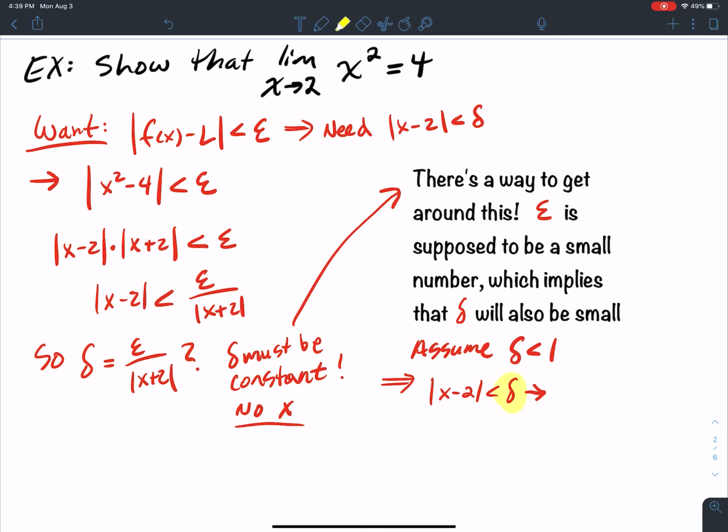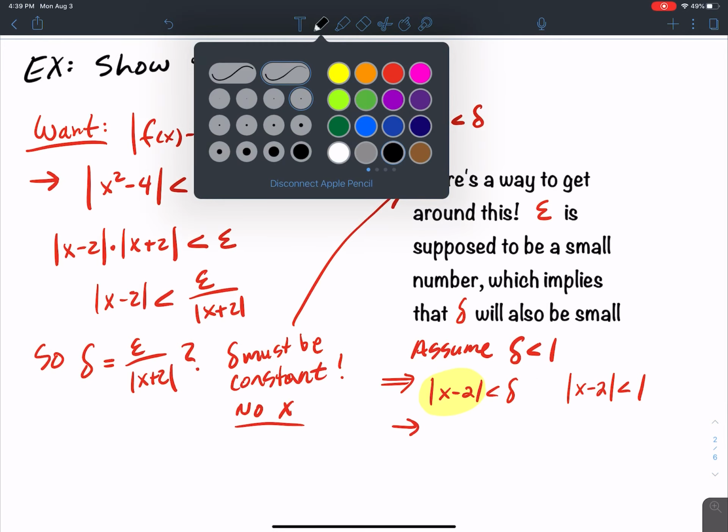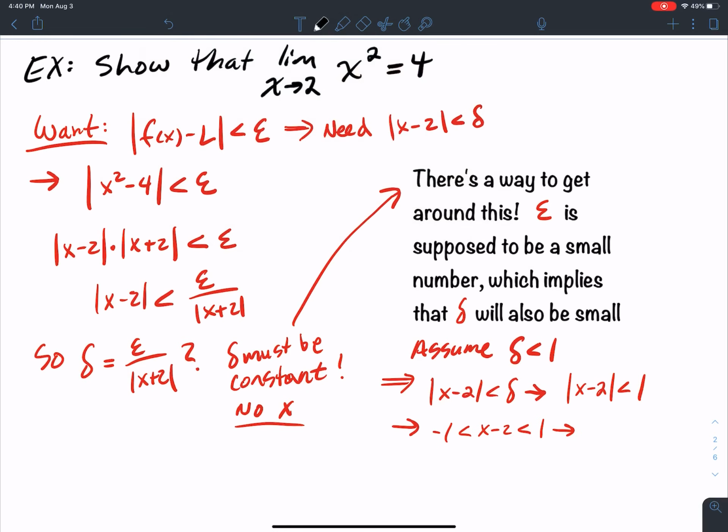Well, guess what, guys? If delta is less than 1, then that means |x minus 2| is less than 1 by transitivity. If you think about it for about 2 seconds, you can see that this would be the case. Therefore, that's less than 1. Okay? Now, using algebra here, I take care of my absolute values.